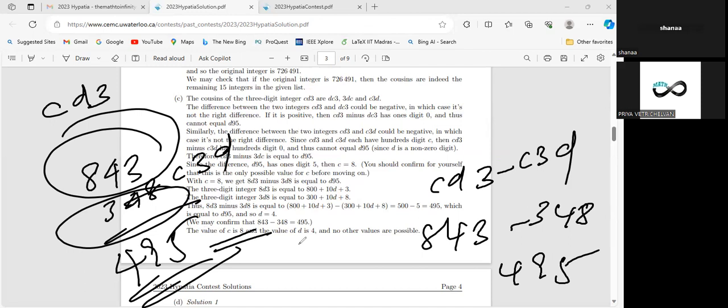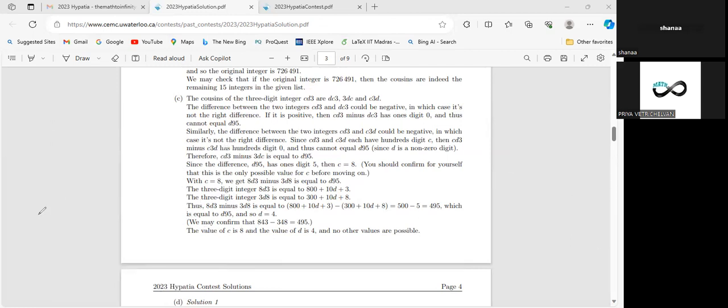So C is 8 and D is 2. Yeah. We were trying with 2 and 1, right? Can you try the value of D is 4 and C is 8 for the first paragraph?